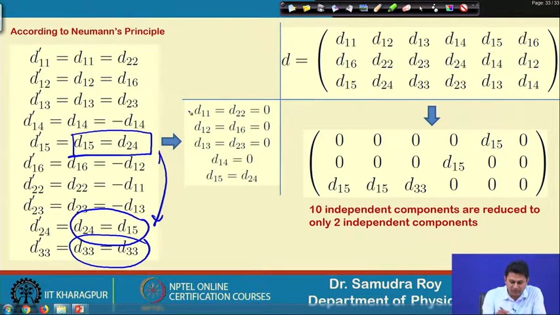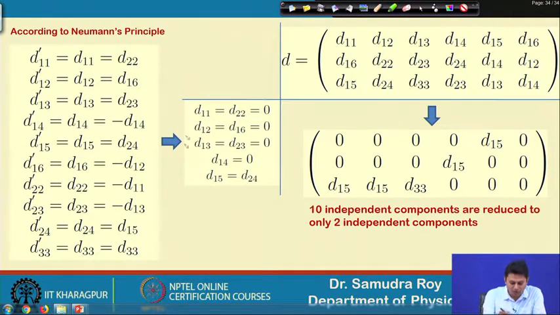Once we have all this information, all the values of D11, D12 are known to us. We started with these D values, these are our starting point. Once we have these values in our hands, next we apply the symmetry operation, and when I apply it, we find that these values are zeros and there is a relationship.